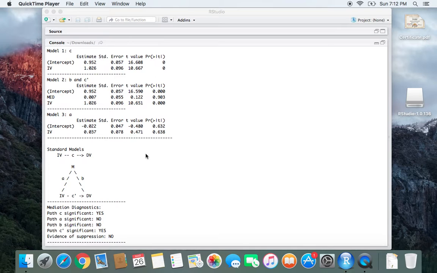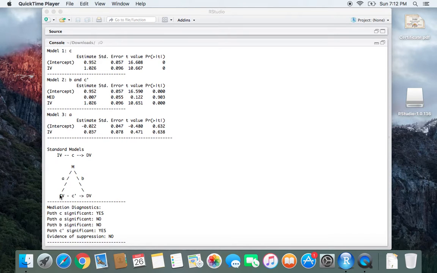So next we have Model 2, which gives you the B and C prime pathway. And the B pathway is looking at the relationship between the mediator and the dependent variable, while the C prime pathway is looking at the relationship between the independent and dependent variable while controlling for the mediator.